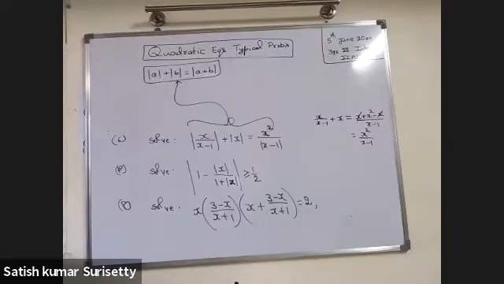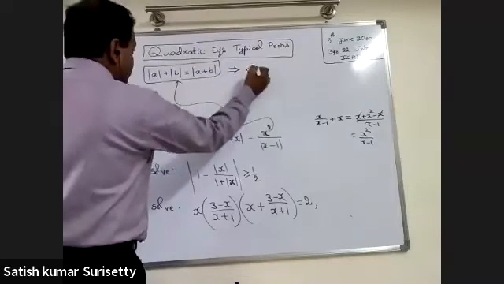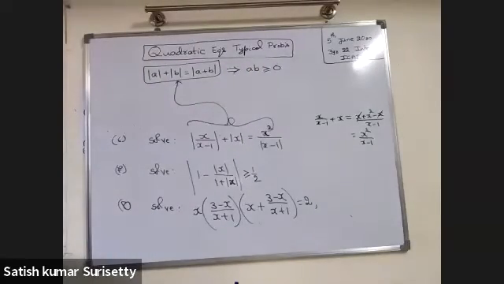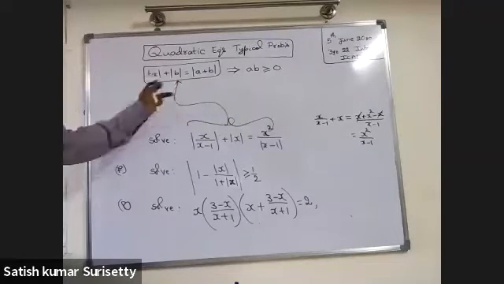Now when modulus of a plus modulus of b equal to modulus of a plus b, what can you say about a and b? They must be of the same sign. You can derive this by squaring on both sides and simplification.